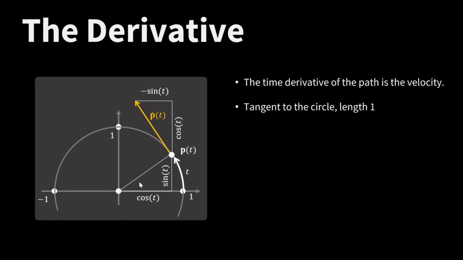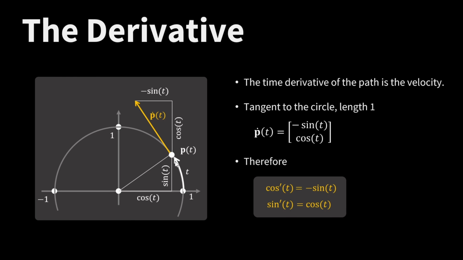What we can see from the diagram is that the coordinates of the velocity vector are minus sine of t and cosine of t. So we have p dot equals (minus sine t, cosine t). So from this simple diagram we can see that the derivative of cosine is minus sine. Also, the derivative of sine is cosine. This is a quite simple result.